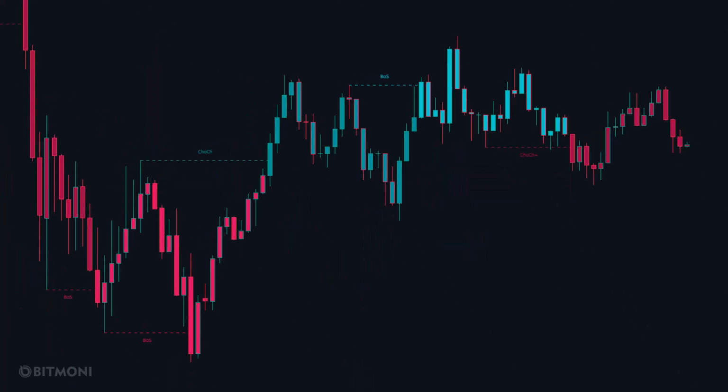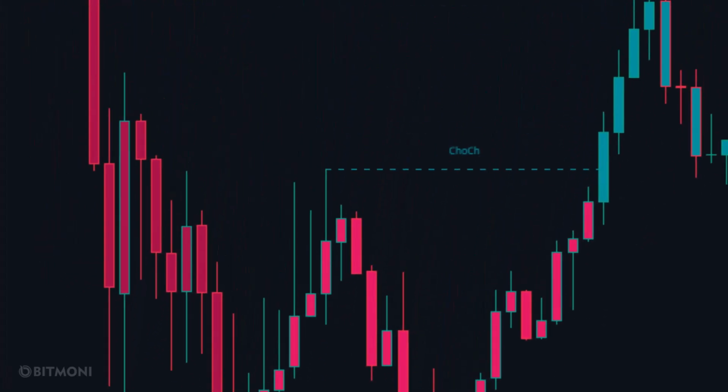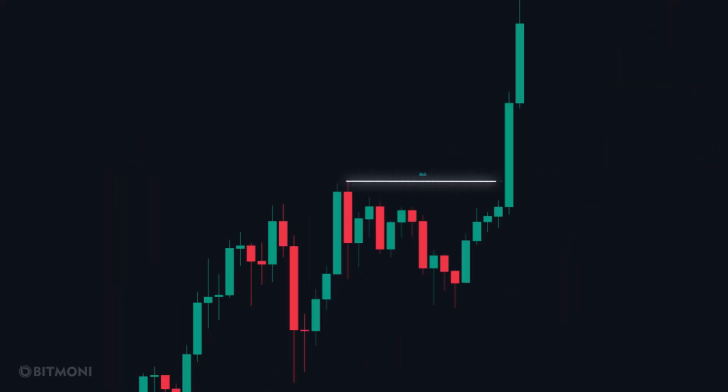The indicator also provides comprehensive insights into market structure, enabling traders to better understand overall market direction. It automatically detects and plots two key structural elements: break of structure and change of character. A break of structure occurs when price breaks a previous high or low within an uptrend or downtrend.